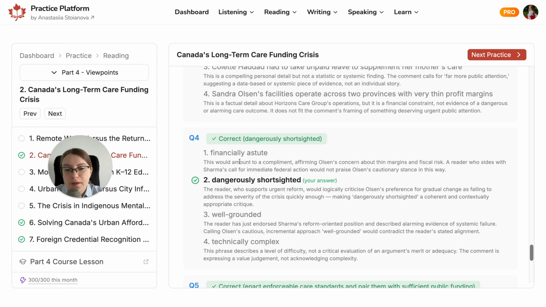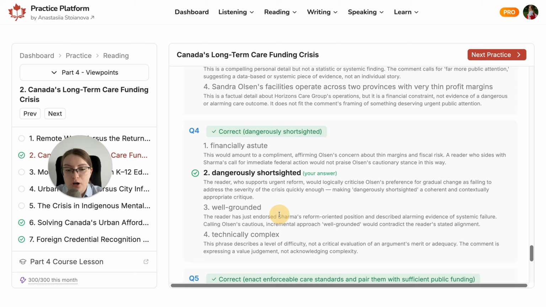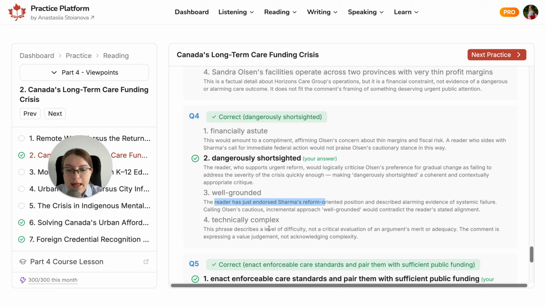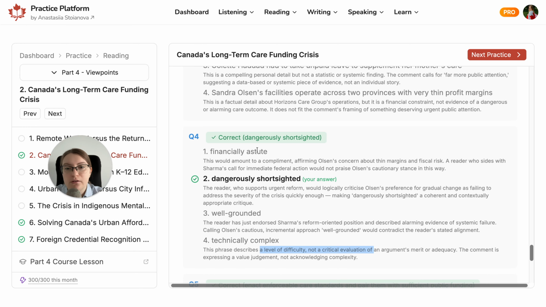If you choose something like that, it would be a compliment, positive, well-grounded, also positive. But we need negative, we need a criticism here, all right? And it would contradict the reader's stated alignment with Sharma's reform, right? Because the reader endorsed Sharma's reform. And technically complex, this is just not a critical evaluation, so careful with the overall language.